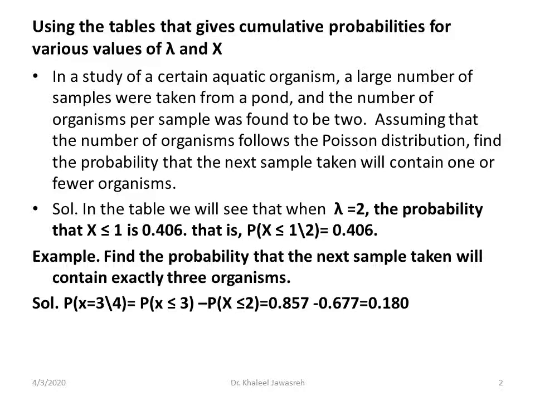You can return to the table of the Poisson distribution, lambda and x. You can see x and lambda right there, and you can find that the value for x less than or equal to 3 is 0.857, and for x less than or equal to 2 it is 0.677, and the final answer will be 0.18.